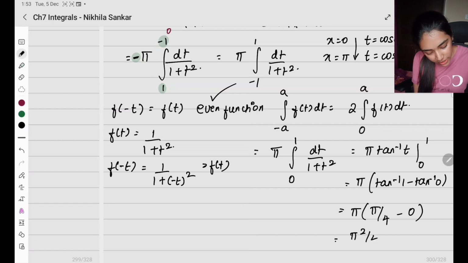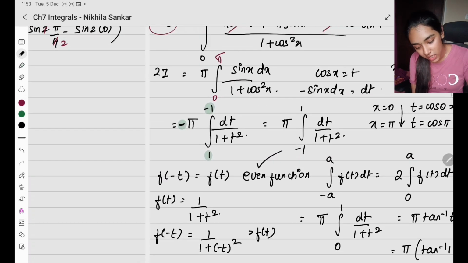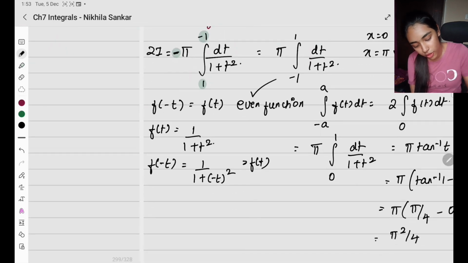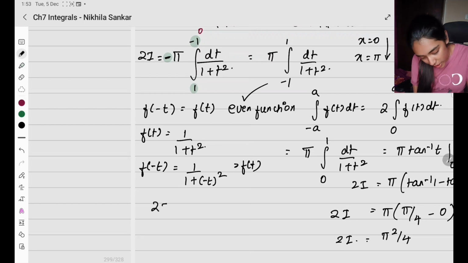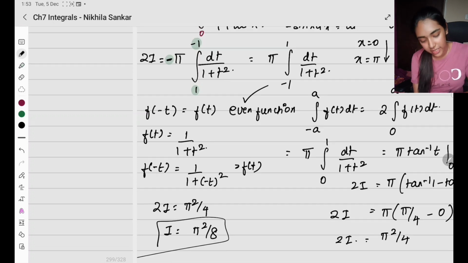This is pi square divided by 4. Number ivlo nara enna kandupidichitrukom? You are substituting for 2i. So all this you have done is for 2i, where i is our integral. So you have 2i equals pi square by 4. So the final solution is going to be pi square divided by 8.